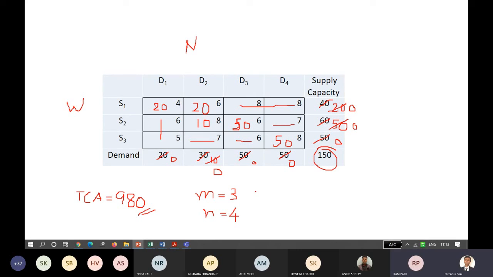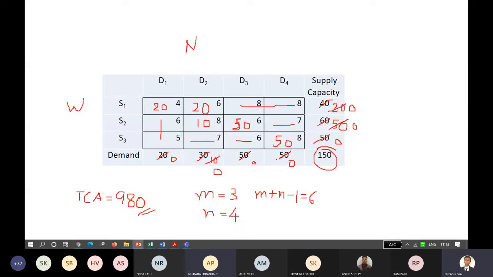So M plus N minus 1 will be equal to how much? 4 plus 3 is 7, minus 1 is 6.